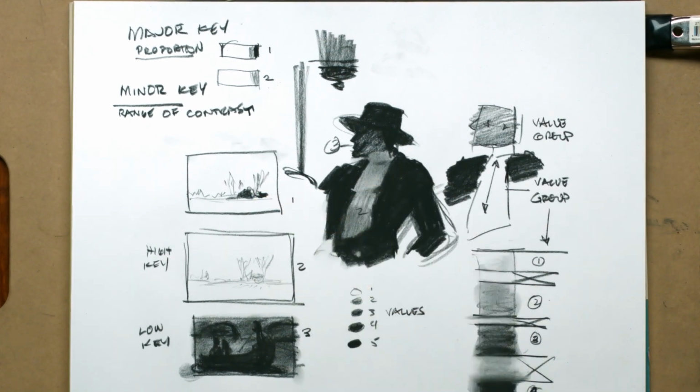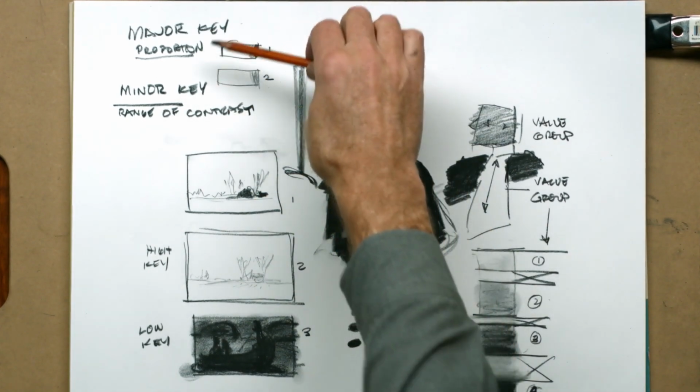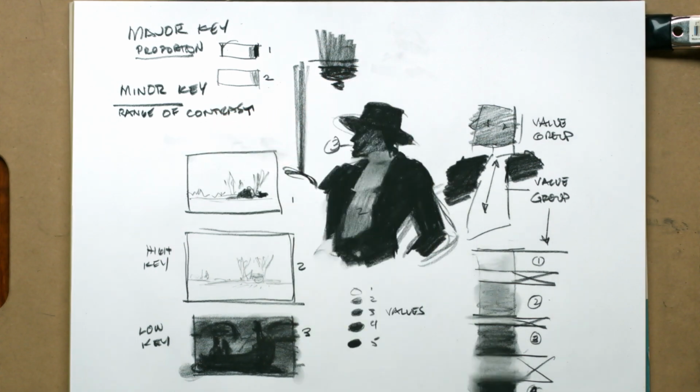So between your major key and your minor key, that's how you control the mood of your image. It's all managed pretty much right through there. Now, subject matter: people are prone to like certain things or dislike certain things.